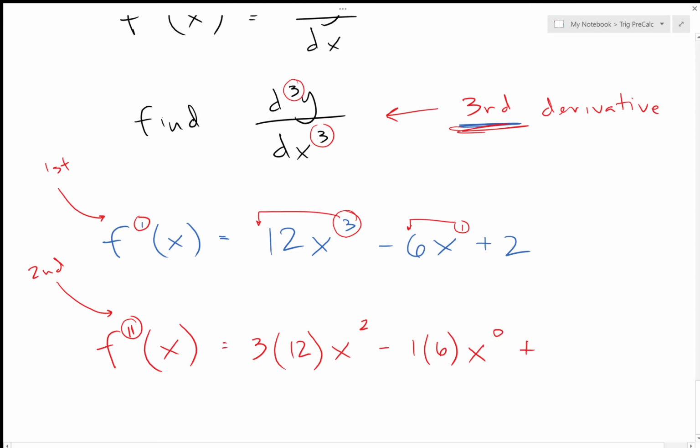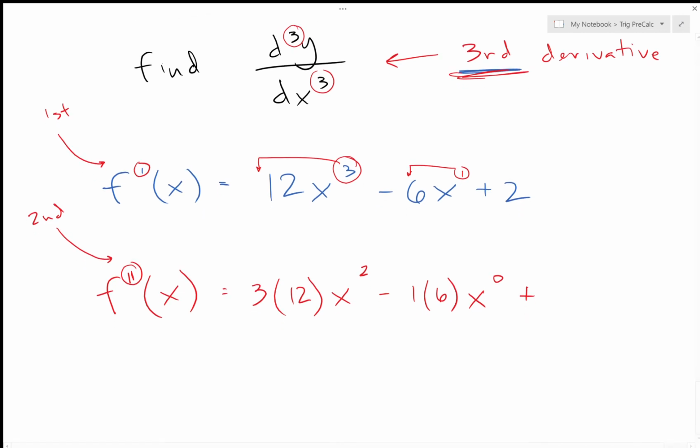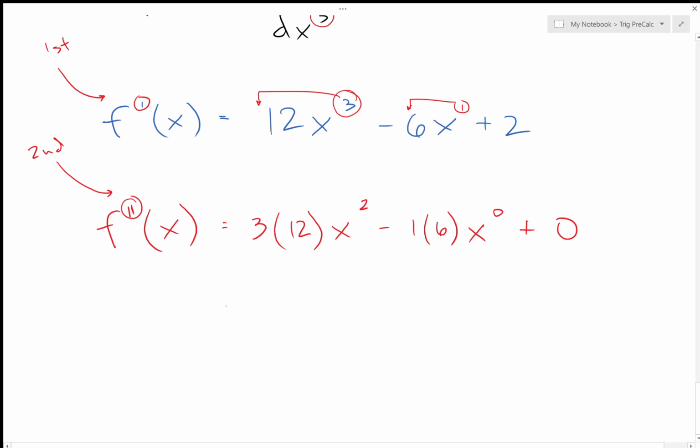Plus, if we take the derivative of a constant, that's going to come out to just a 0. So the second derivative of this function, 3 times 12 is 36, x squared, minus 1 times 6 is 6, x to the 0 just becomes a 1, and then the 0 is gone.